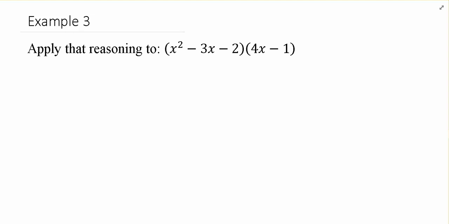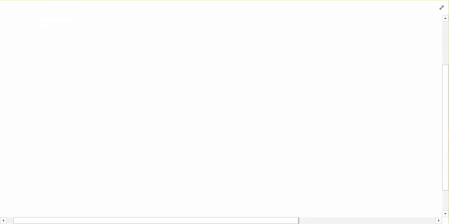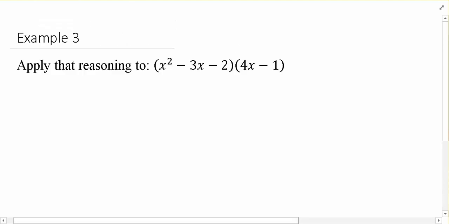Example 3, we want to apply that reasoning of organizing our work like we did in grade school, to make our algebra as easy as possible. We're going to copy down the bigger one up top, and then we'll copy the other one below it.